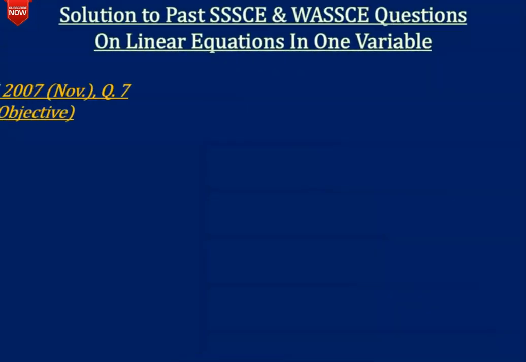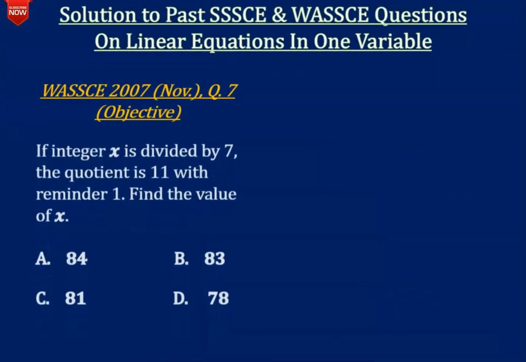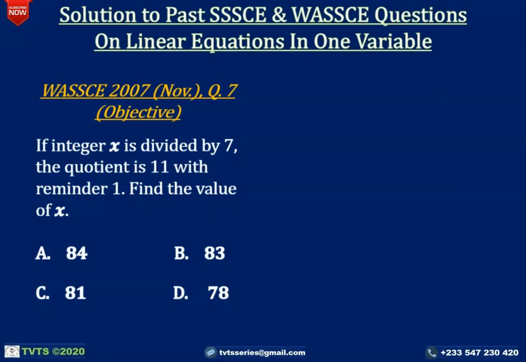WASSCE 2007 Navdeq Objective Question 7. If integer x is divided by 7, the quotient is 11 with remainder 1. Find the value of x. Solution.